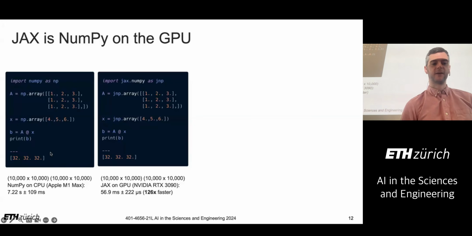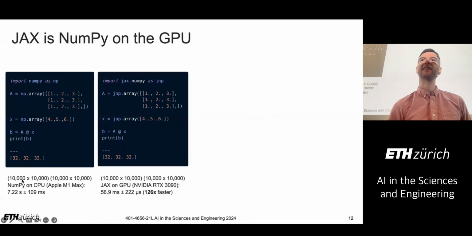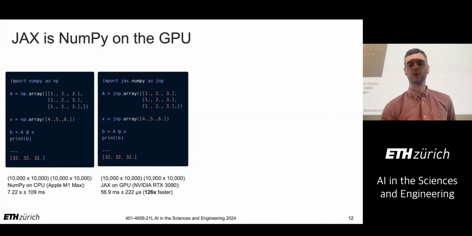If I do a 10,000 by 10,000 matrix multiply in NumPy, that takes about 7 seconds on my MacBook. If I do the same thing on an NVIDIA GPU using the JAX code, it's 126 times faster just to do that single matrix multiply.